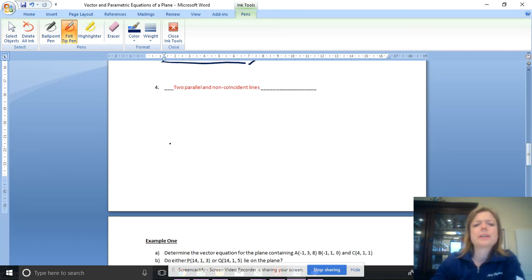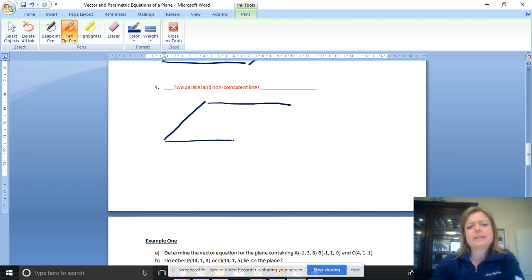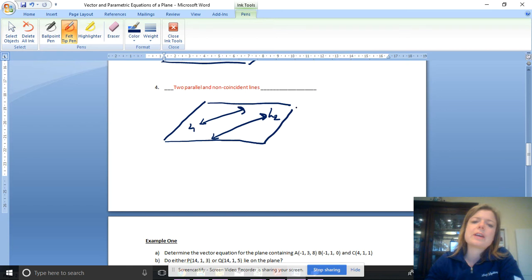And then the last option is two parallel but non-coincident lines. So here's L1 and here's L2. One of the direction vectors would be the one that was common between the two parallel lines. They would have the same direction vector, or at least collinear direction vectors, because they are parallel and in R3.